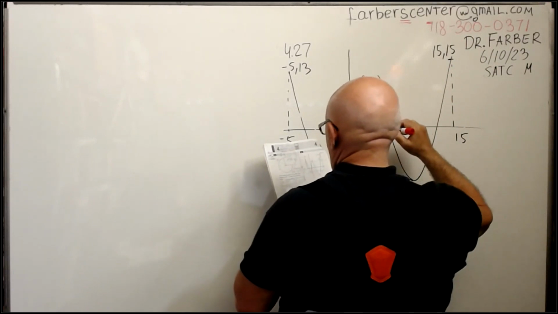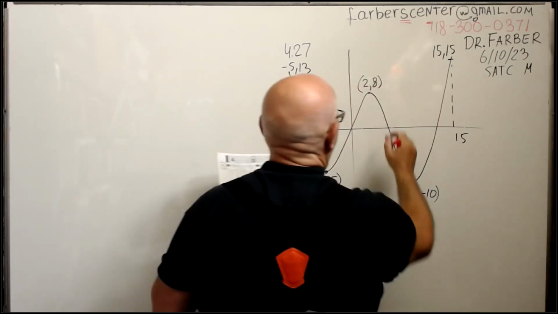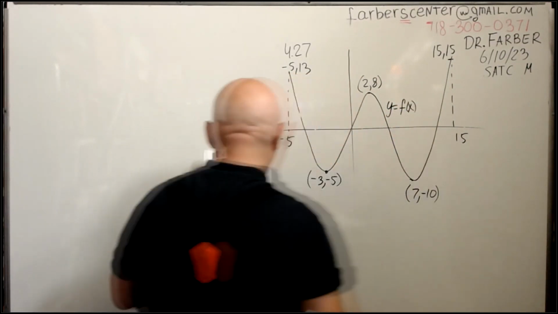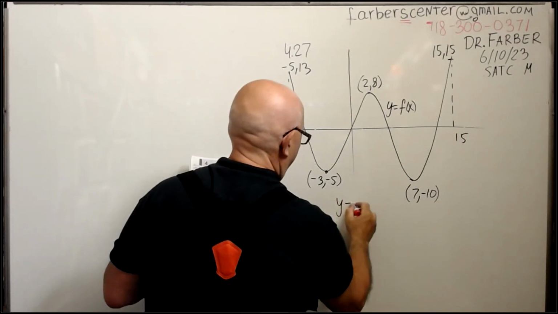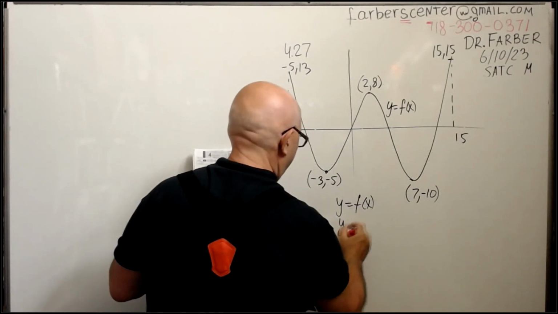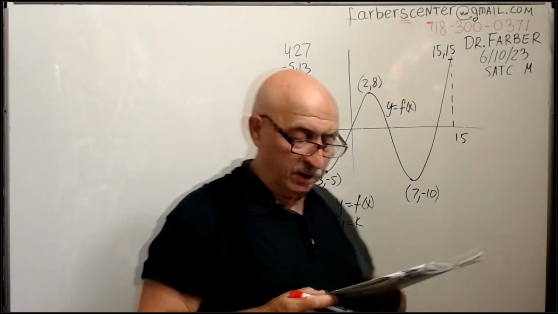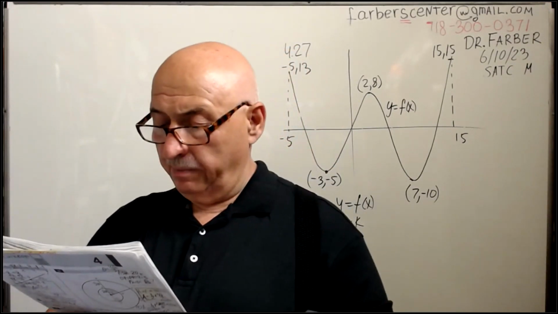And this is the graph y equals f of x. They have a system of equations: y equals f of x and y equals k. The question is, the function f is graphed in the xy-plane.